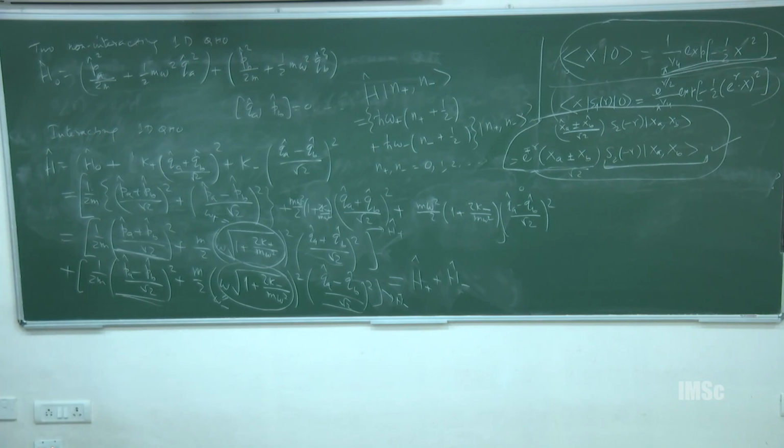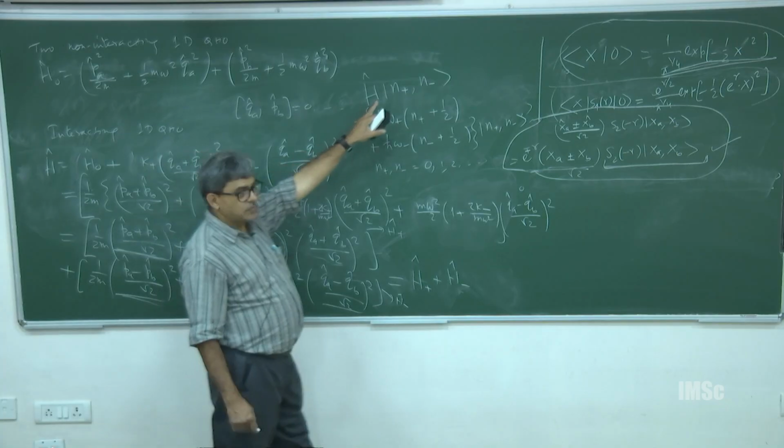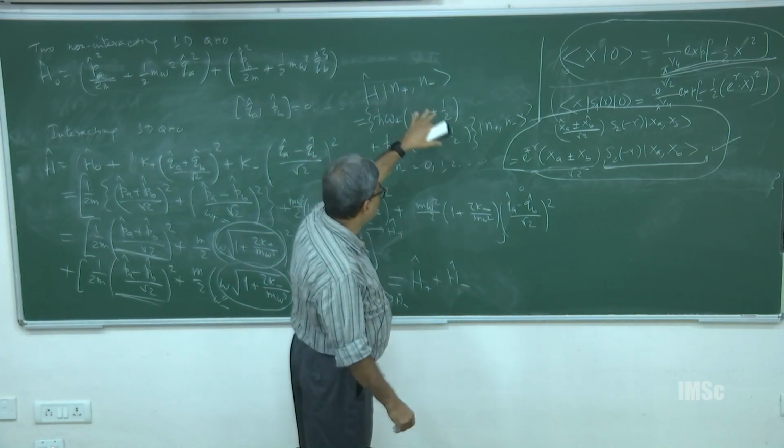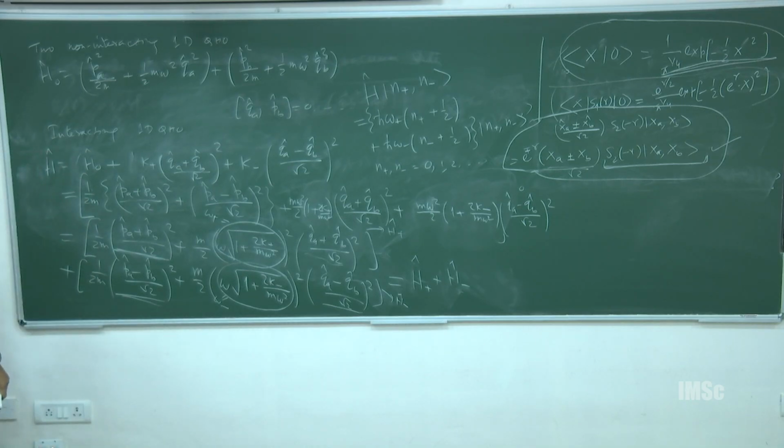What will be the position representation of those energy eigenvectors? Yeah. So the position representation will be what? Of course Gaussian, for the ground state, okay? The position representation of the ground state, for example, if you take 0, 0, then you can figure out what it will be, right?